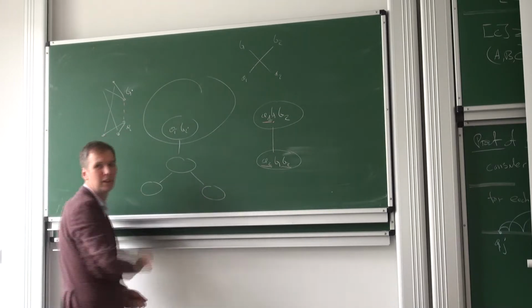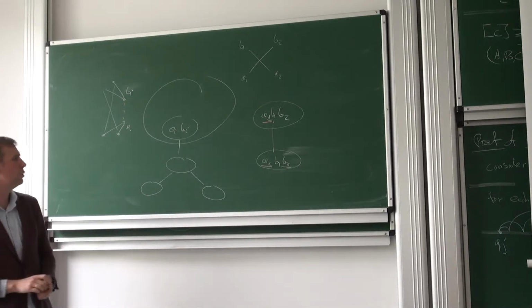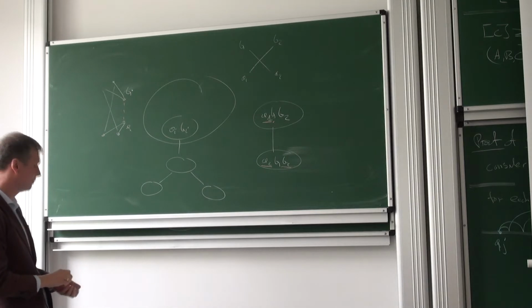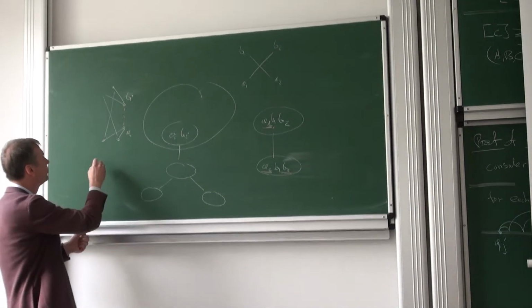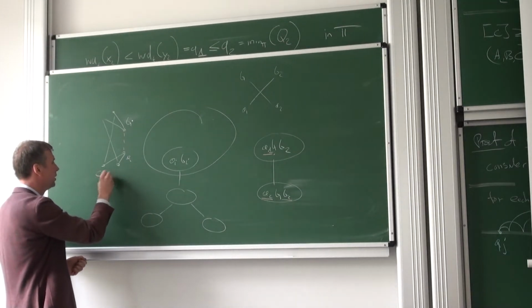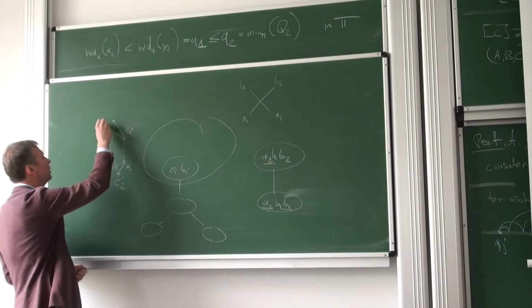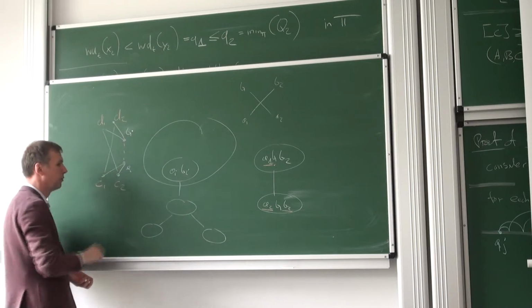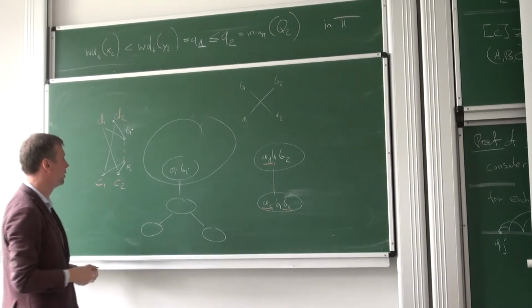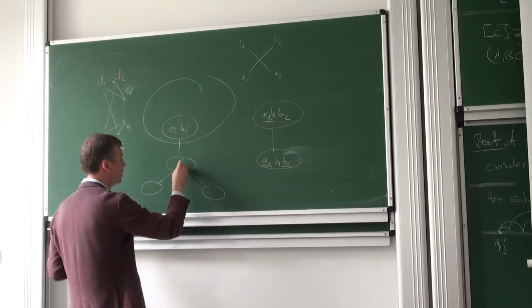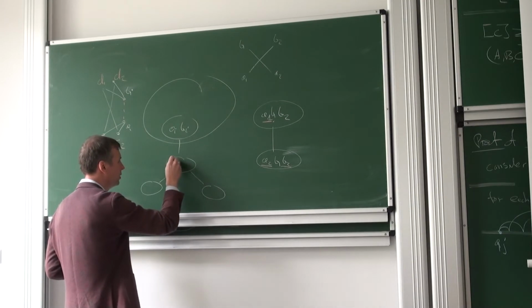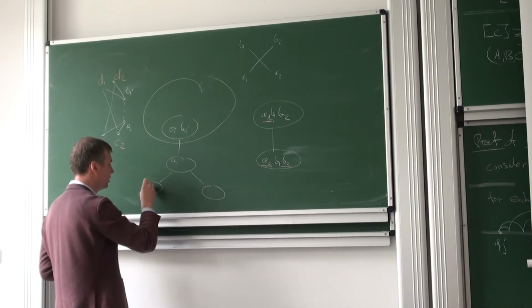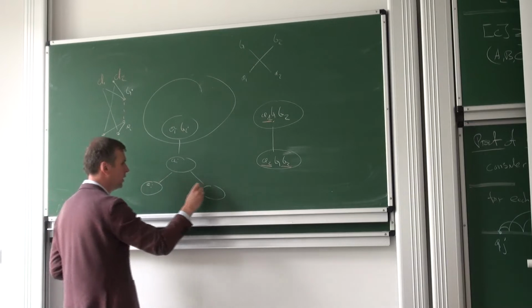How do we do it? We need some names: C1, C2, D1, D2. I guess one of those has to be everywhere: Ai, Ai, Ai.